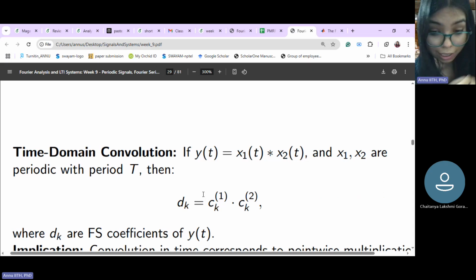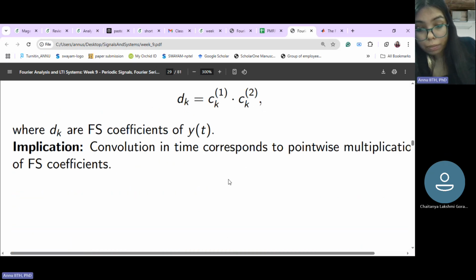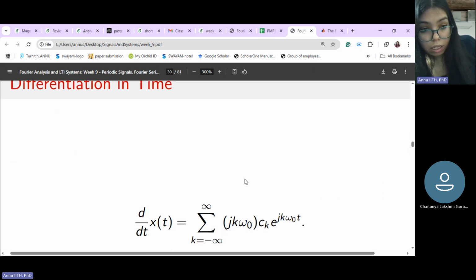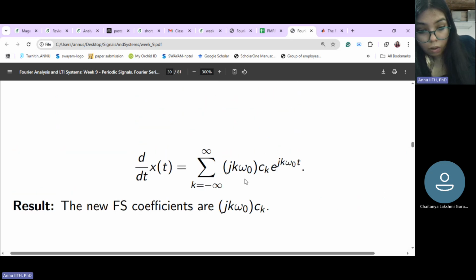That is basically the multiplication of the Fourier series coefficients of the individual series. The implication is that convolution in time domain corresponds to pointwise multiplication of Fourier series coefficients. For differentiation in time domain, the new Fourier coefficients are just the multiplication of j omega naught ck.